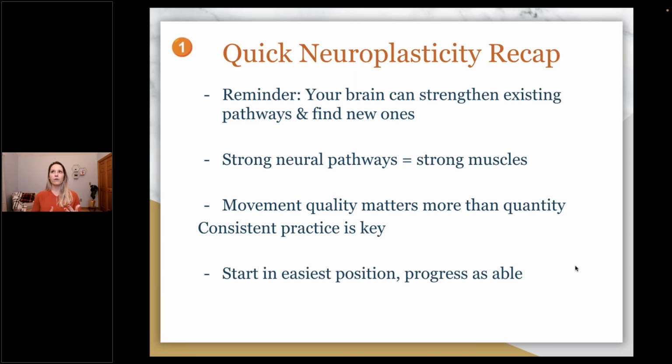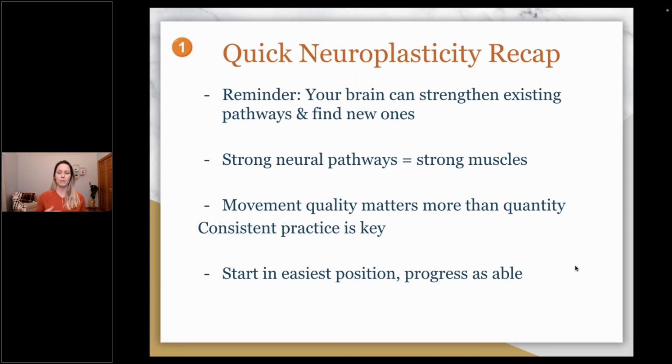So another quick recap, because hopefully you know what neuroplasticity is, we've talked about this before, is to remind yourself that your brain can strengthen current existing neural pathways. So if you go to move your leg, and it does move, but it doesn't move as well as the other side.